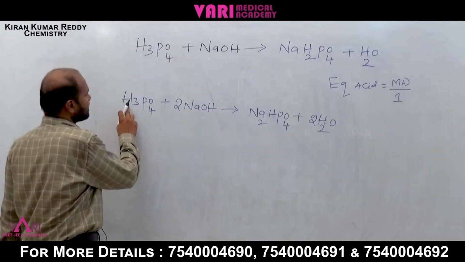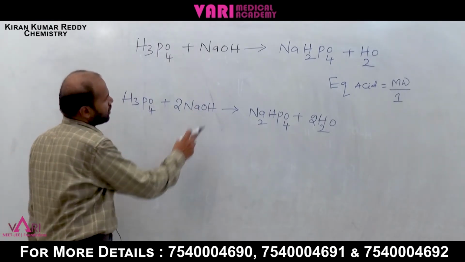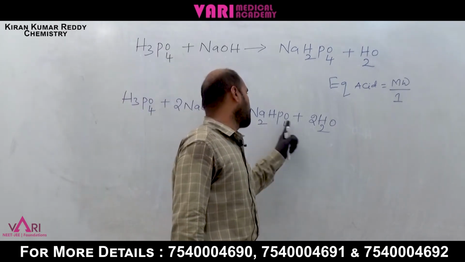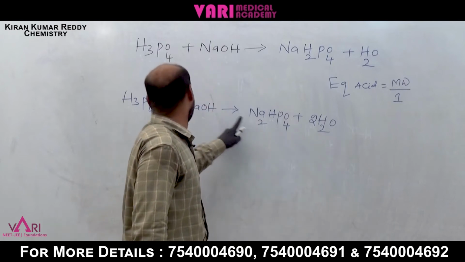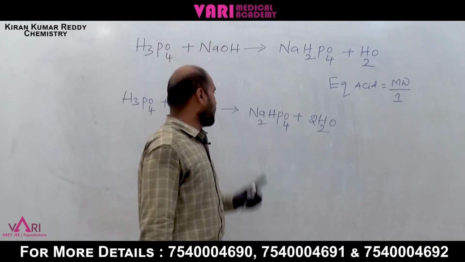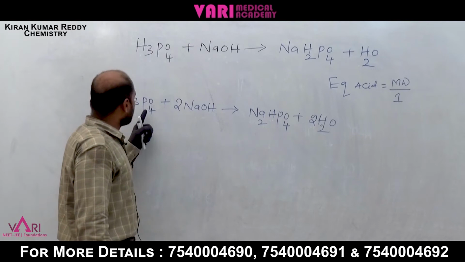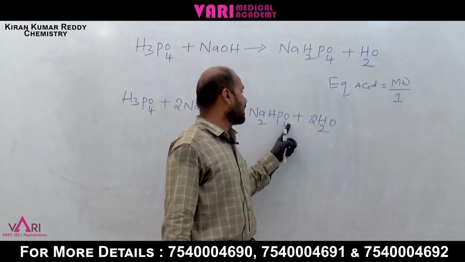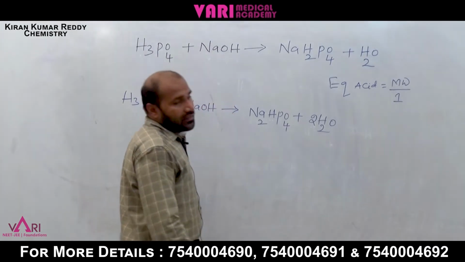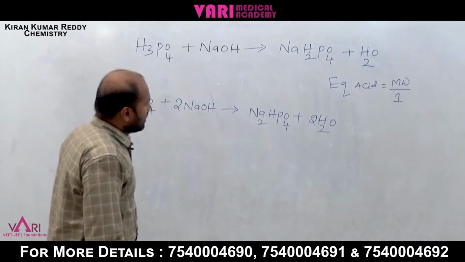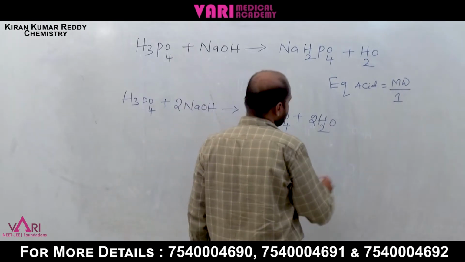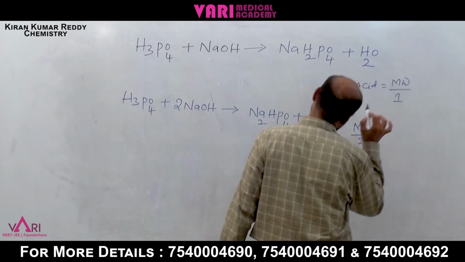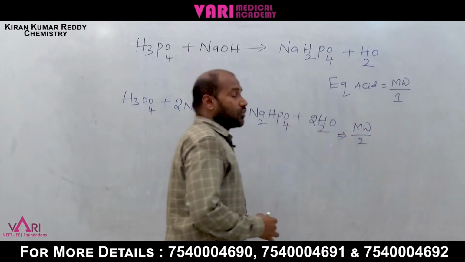How many hydrogens? 3 plus 2, 5 hydrogens. Here also 1 plus 4, 5 hydrogens. How many sodium? 2 sodium, 2 sodium. How many oxygens? 4 plus 2, 6 oxygens. The reaction is balanced. Here the equivalent weight of the acid is molecular weight by 2.